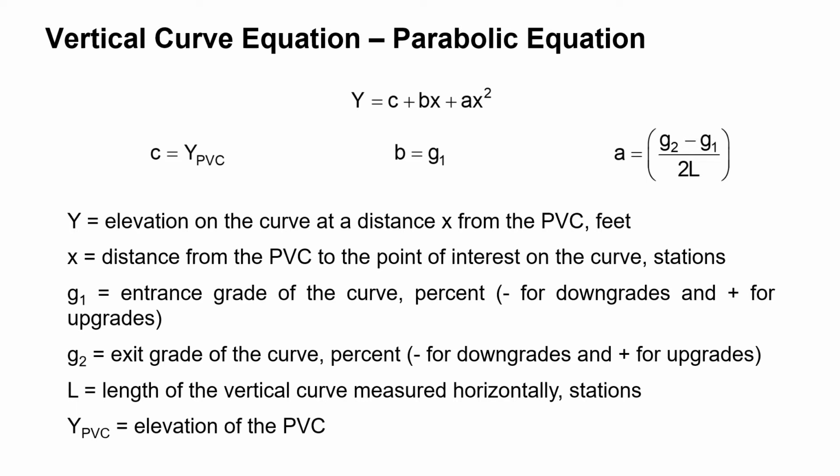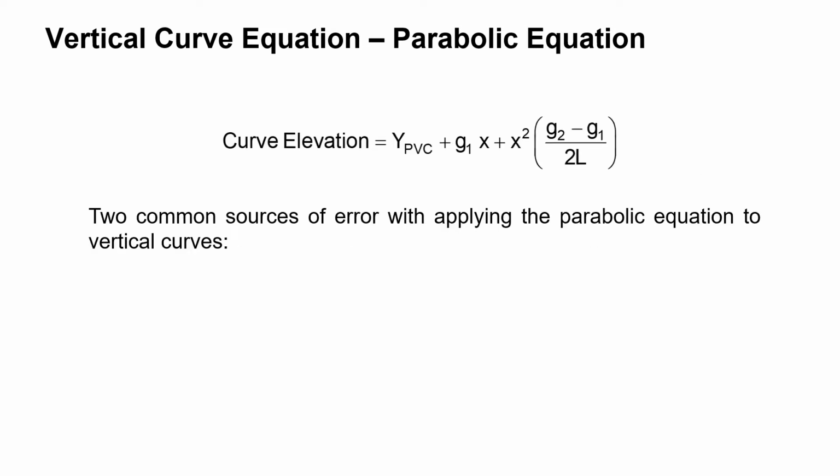And Y is our elevation on the curve at a distance X from the PVC, in feet. So our curve elevation equation: the elevation on the curve is Y PVC, the elevation of the PVC, plus G1 times X, plus X squared times G2 minus G1 over 2 times the length.